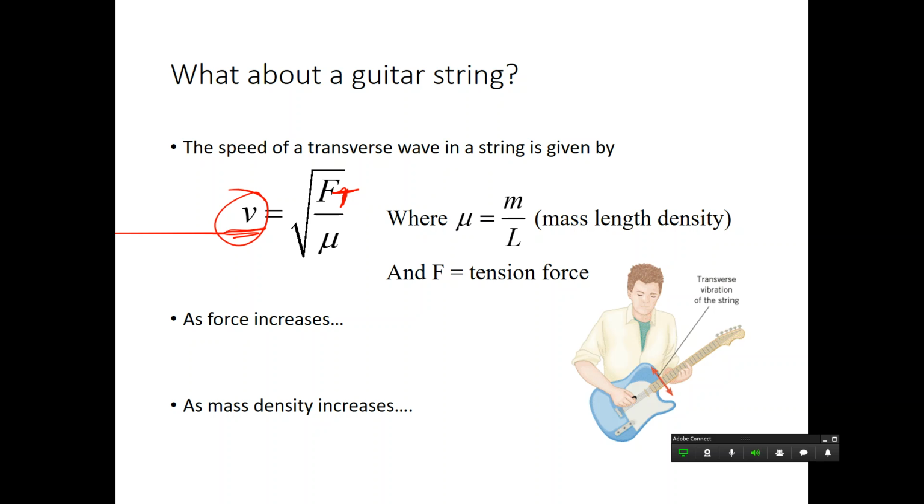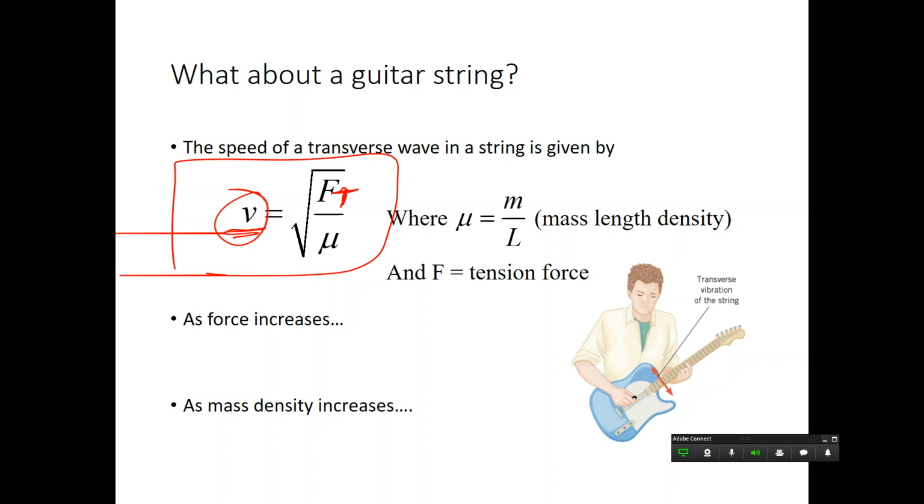According to this equation here, if I were to make my slinky, no, not my slinky. Let's say it was a string, a guitar string. Okay. If I had a longer guitar string, would that change my velocity?